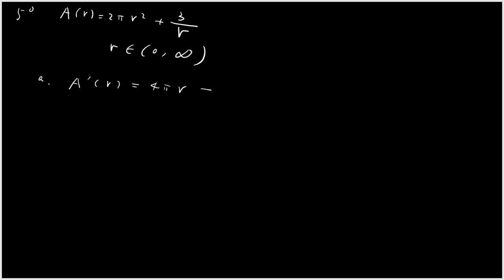And then minus, the derivative of 1 over r with respect to r is negative 1 over r squared. You just use that and treat 3 as a constant factor. So you have minus 3 over r squared. That is the derivative, right? In sub-step A, we differentiate the function. In sub-step B, we find the critical numbers, right?